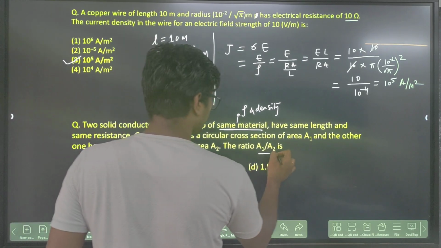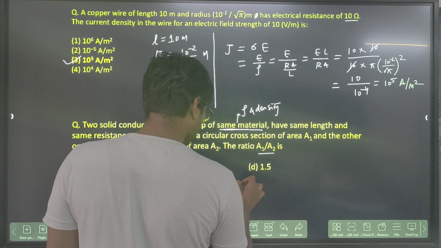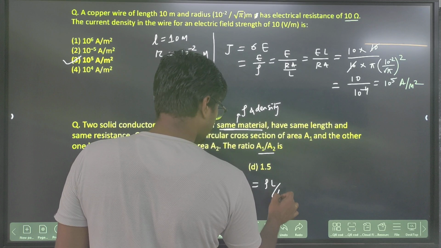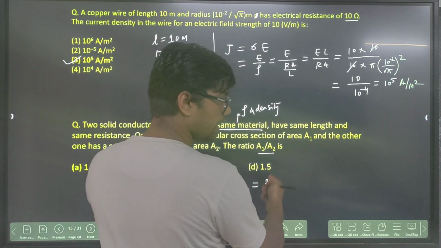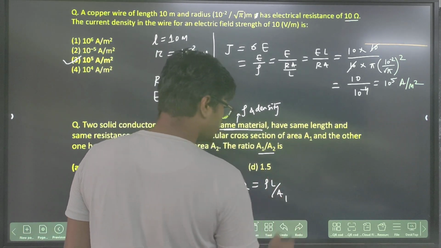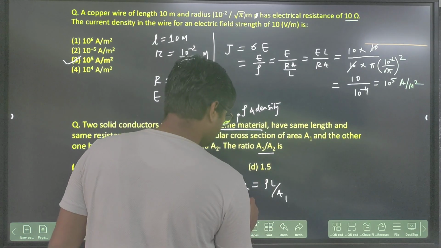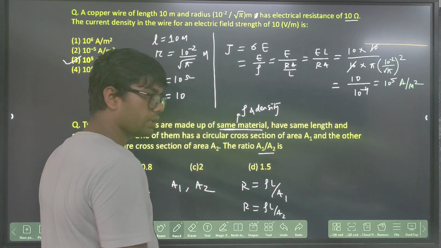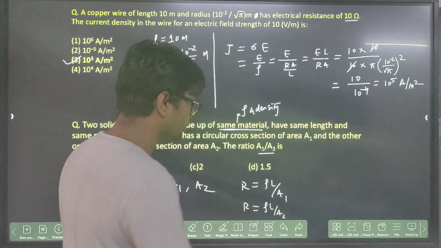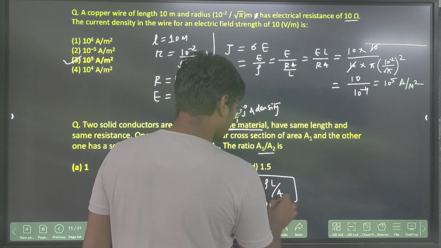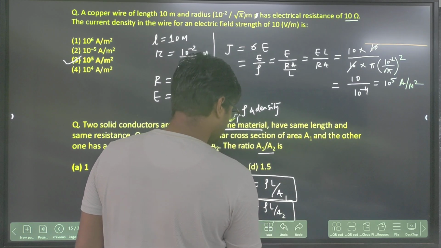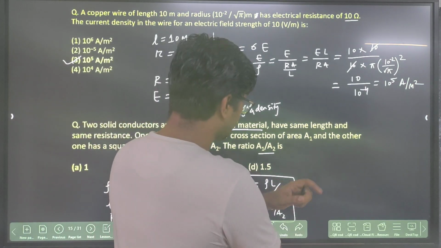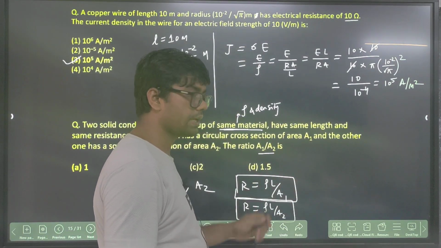Now they are asking A1 by A2. If I write down the resistance, R equal to rho L by A1. Both the lengths are the same, both the resistivities are the same. Both the resistances will be the same, so R equal to rho L by A2. Both have the same resistance, same resistivity, same length.